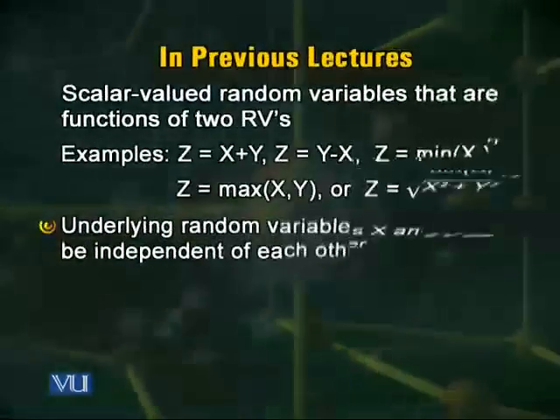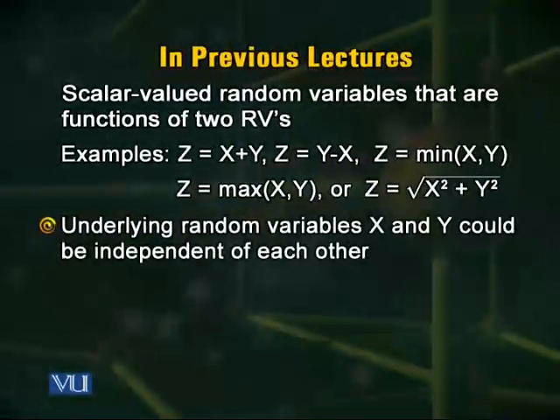For example, let's look at the example of two televisions and the underlying random variables X and Y. The underlying experiment is that we have two televisions made by two different manufacturers, and we observe their failure times, their service times, or the time they serve us before they fail.